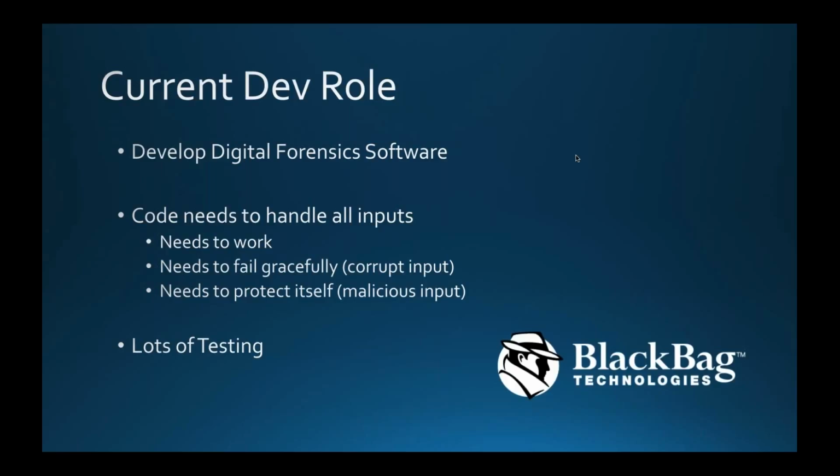Not only does the code need to work, but it needs to fail gracefully, because not everything that you get to put into it is valid data. You might just have partial files and things like that. It also needs to protect itself because we're dealing with forensics. So, not everything is going to be good files, which means lots and lots of testing at all the layers.